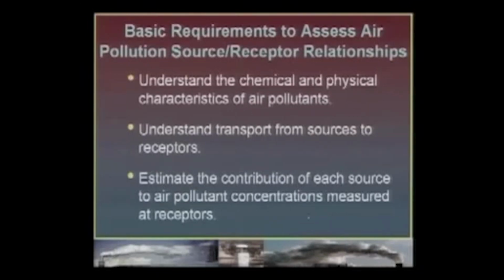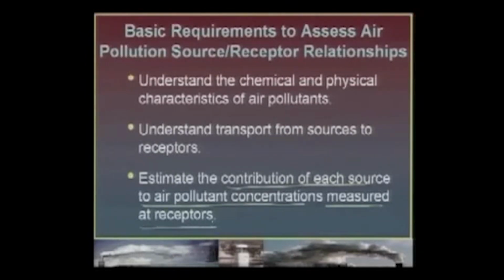As you see on your slide, we want to understand the chemical and physical characteristics of the air pollutants, understand the transport from source to receptor, and finally estimate the contribution of each source to the air pollution concentration measured at the receptor.